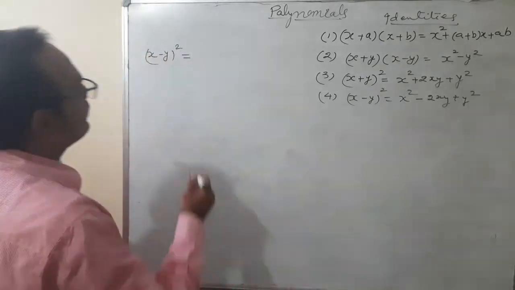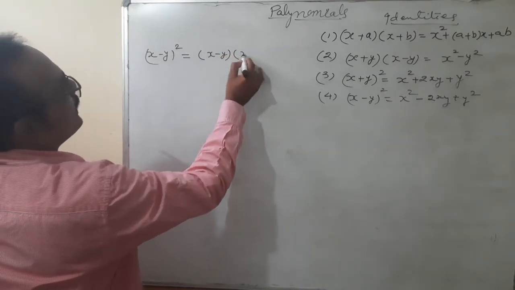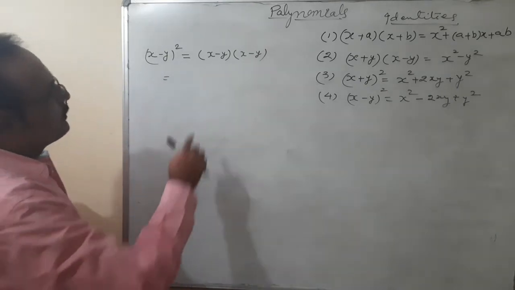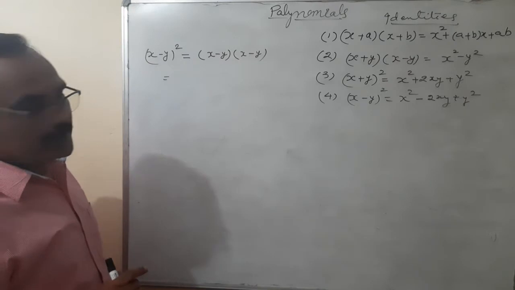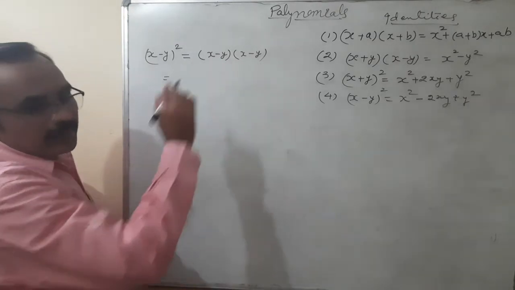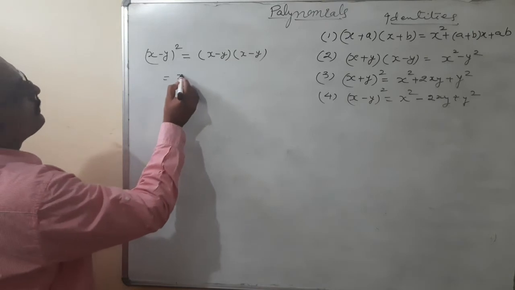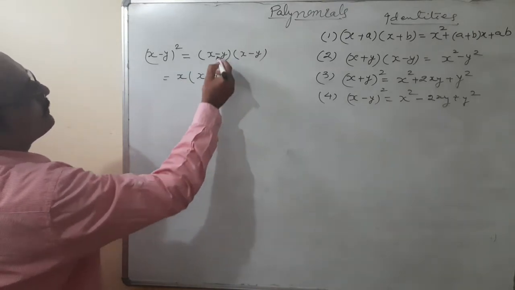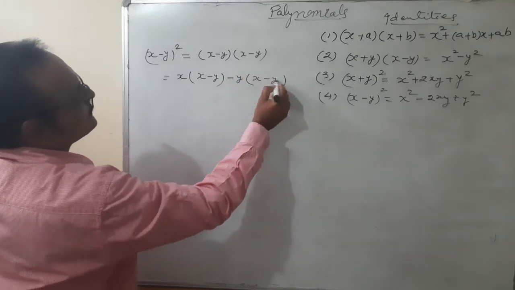Two terms, same sign, everything is same. Multiplication of two brackets: first term multiplied by the second bracket, then minus y, (x minus y).